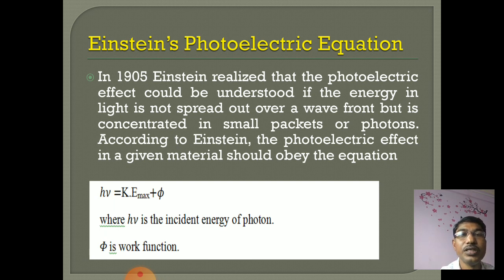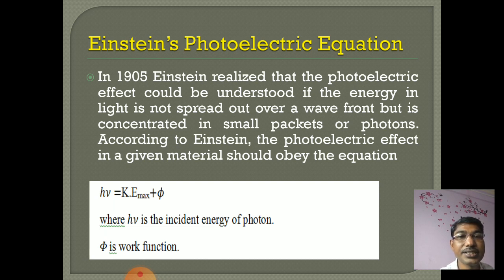But Einstein could explain this effect in 1905 by considering Planck's quantum theory. Einstein explained the photoelectric effect in 1905 and was awarded the Nobel Prize in 1921.